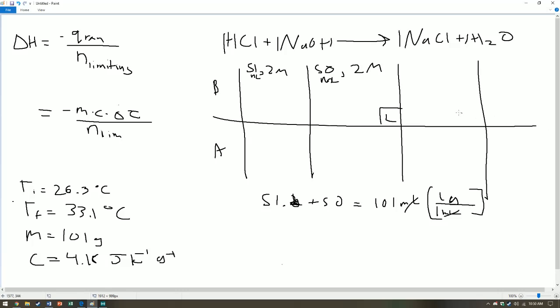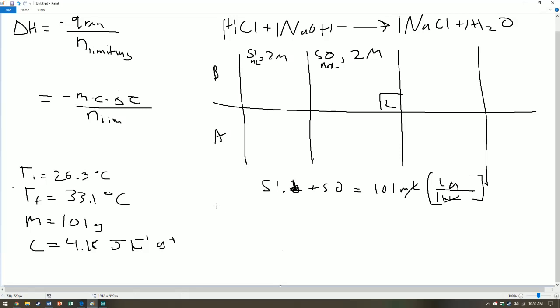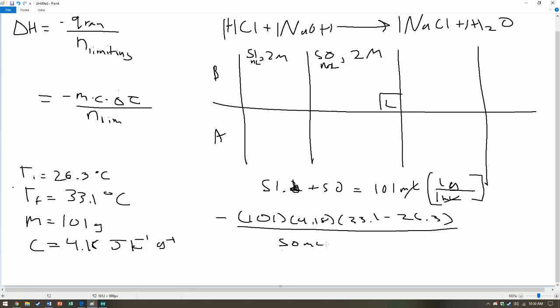And now that we have all our data, it's actually pretty straightforward to calculate. So we get the expression as negative 101 times 4.18 times, so remember, temperature difference is always final minus initial, so 33.1 subtract 26.3, over 50 milliliters.